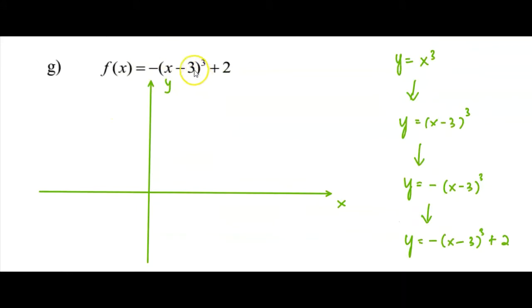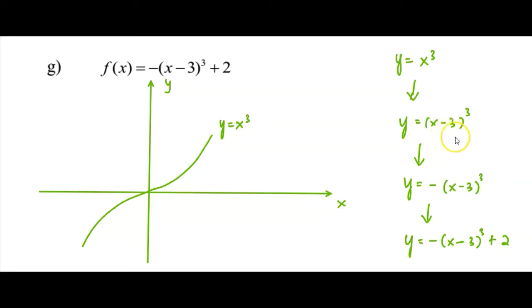For this example, this function is easy to sketch using the transformation approach. Again, we'll start from our basic graph, that is y equals x cubed. This is roughly the shape of x cubed. Later on, we are going to sketch x minus 3 cubed, where I will move my graph to the right by 3 units.